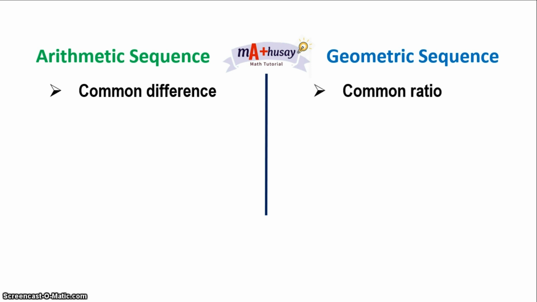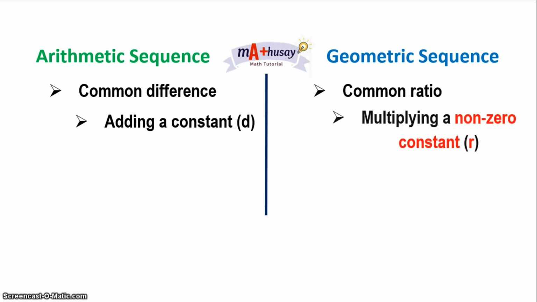So para mas madaling maintindihan ang pagkakaiba nitong dalawang sequences, for arithmetic sequence, you're just adding a constant term. On geometric sequence naman, nagmumultiply ka lang ng non-zero constant. Ibig sabihin, pwedeng negative numbers, pwedeng positive numbers, except 0.